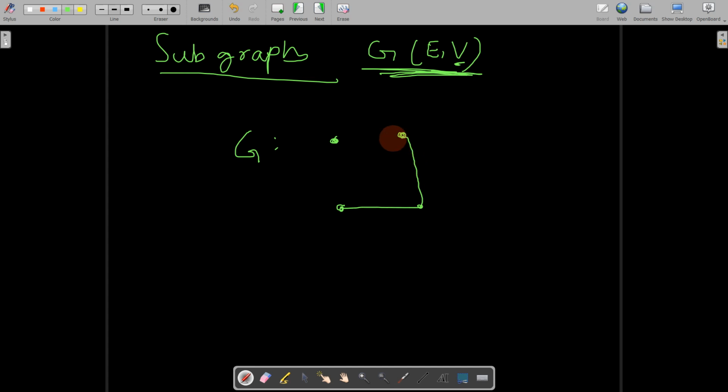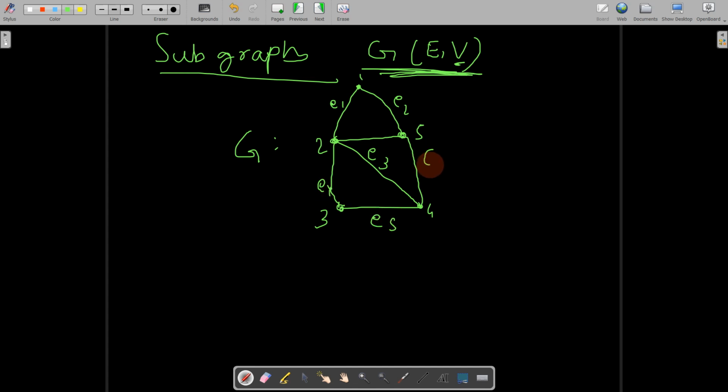This is our original graph G with 1 2 3 4 5 vertices, and E1 E2 E3 E4 E5 E6 as the set of edges.